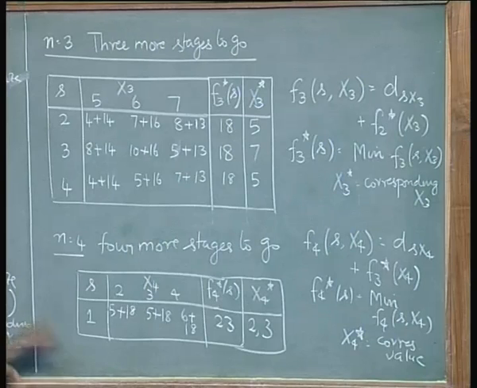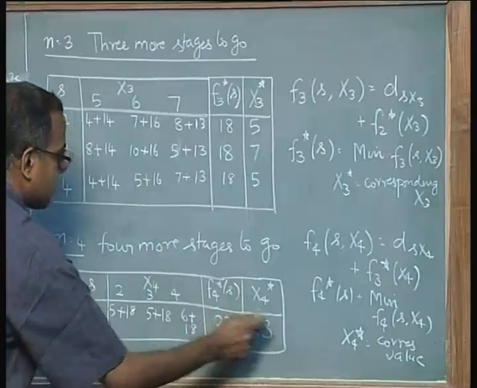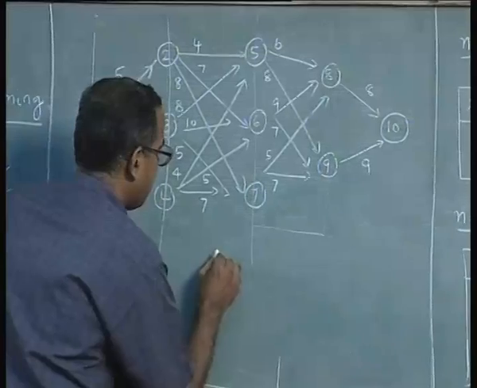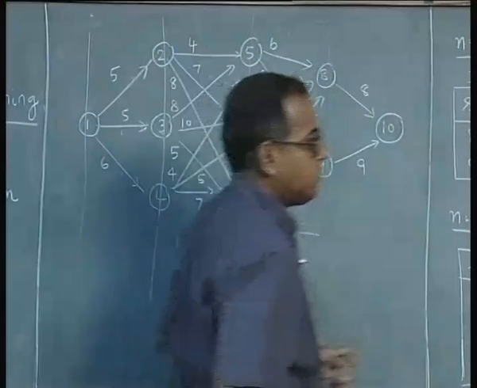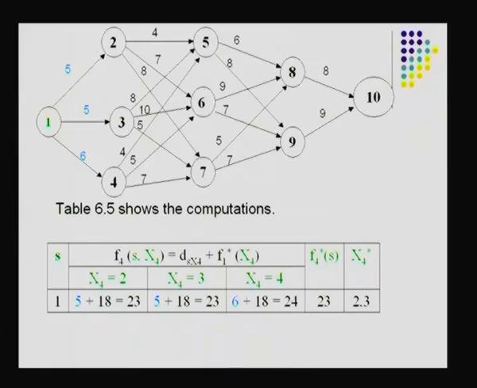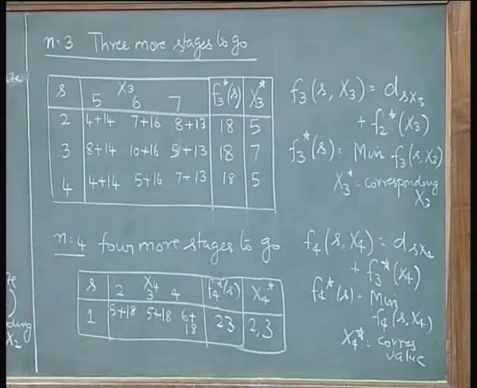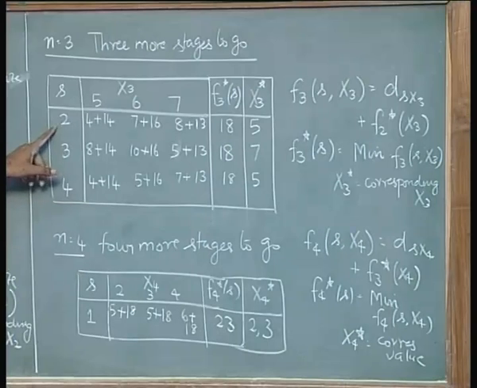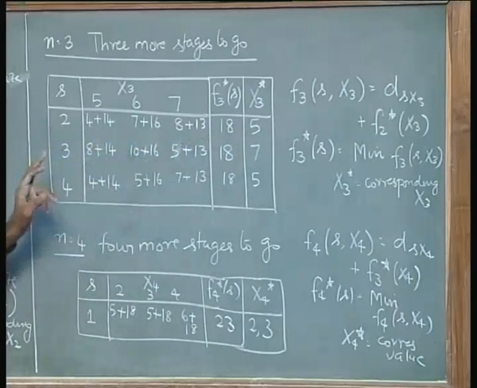Now the shortest distance is 23 from 1 to 10, and there are 2 paths. So we start from 1, you could go to 2 from this, or from 1 you could go to 3. Now go back to this table and see, if I am in 2, the next destination is 5, if I am in 3, the next destination is 7.